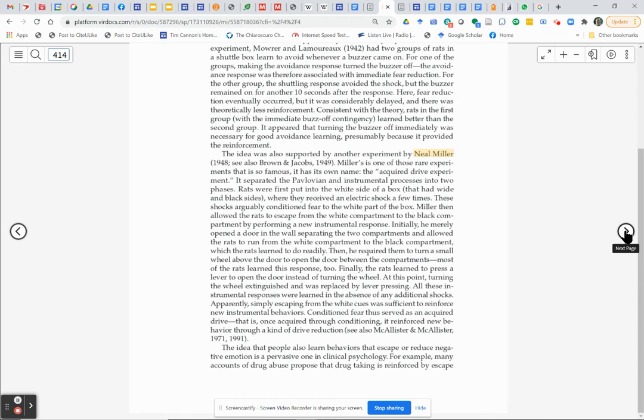And notice that you've got black and white compartments. Animals usually like the dark side, so the light side is sometimes systematically associated with shock to really make it aversive. And sometimes there are textures and smells that can be associated with that too.